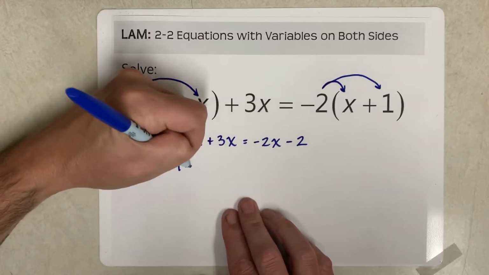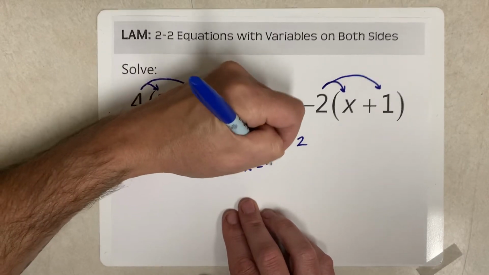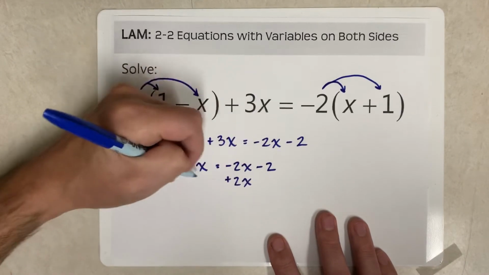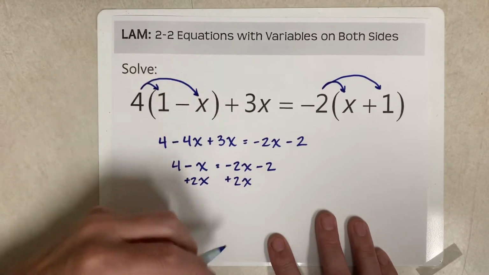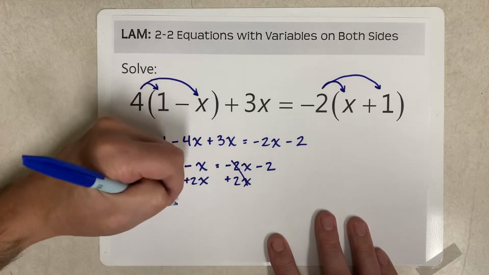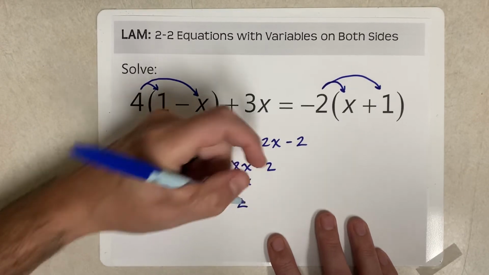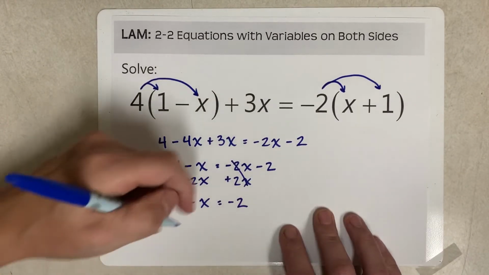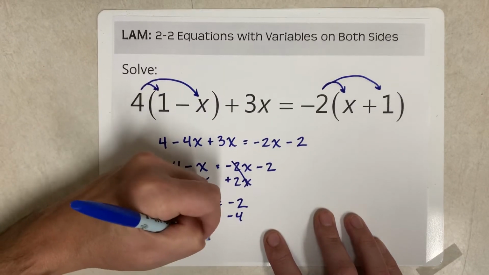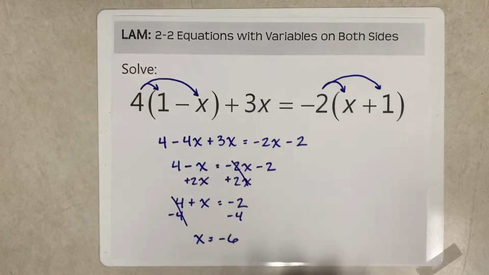So 4 minus x is equal to negative 2x minus 2. I'm going to choose this time to add 2x to both sides. See what happens. A negative 1 and a positive 2 is going to be a positive 1. So 4 plus x is equal to negative 2. Subtract 4. And x is equal to negative 2. Take away another 4 would be negative 6 for that one.